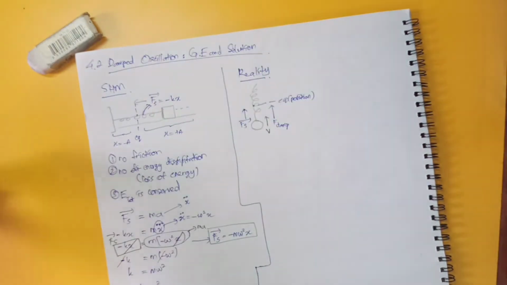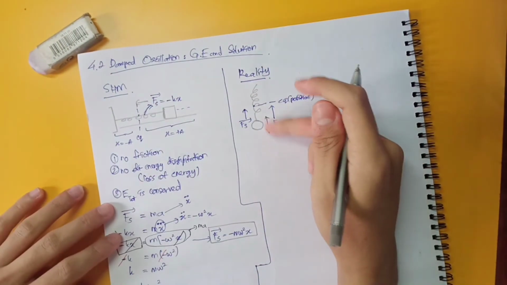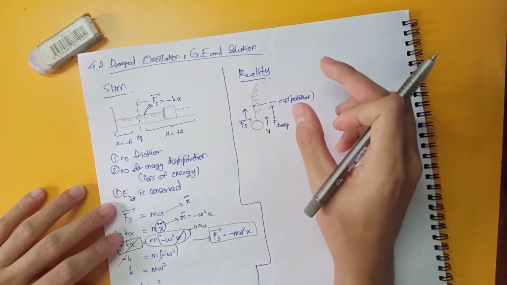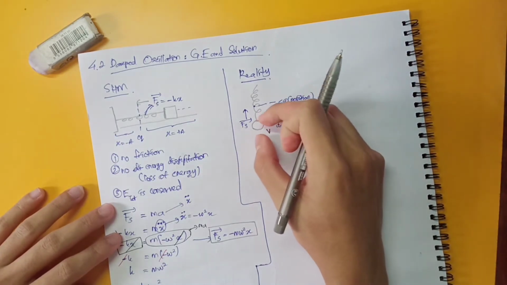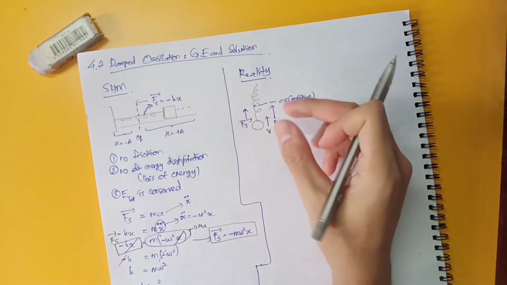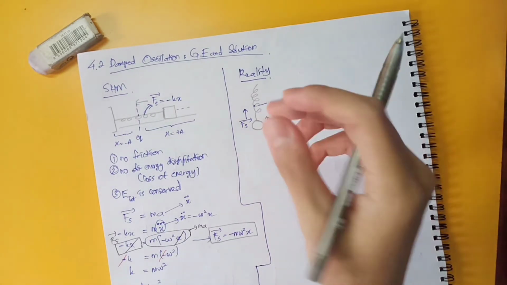Since the object is moving upward, there is like the air that follows the object, which makes the object start to slow and slowly stop.